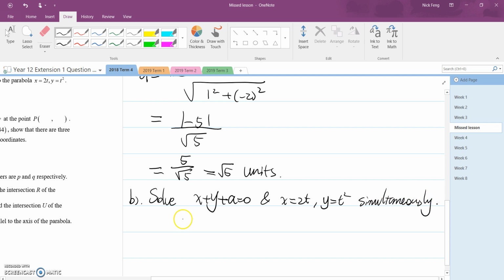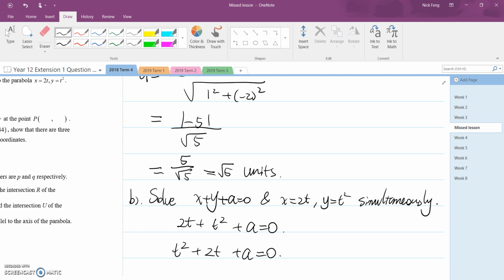In other words, 2t plus t squared plus a equals 0. Now, this is an equation about t. Let's tidy this up a little bit. If you find the value of t such that it becomes a tangent, that is basically the parameter for the point of contact. Remember, t is the parameter.